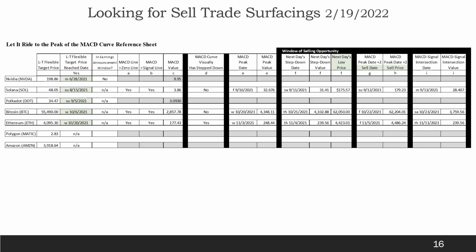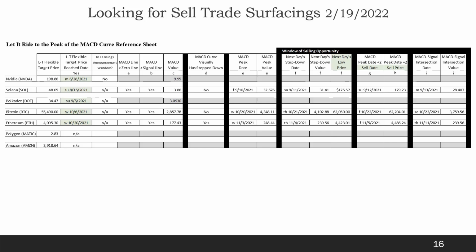Looking for sell trade surfacings as of February 19th, 2022. The Let It Ride to the Peak of the MACD Curve reference sheet. In the third column, long-term flexible target price reached date, highlighted in green in ascending chronological order, are the 5 of 7 items that have surfaced for sell trades, or for a watchlist item for an illustration of price performance.